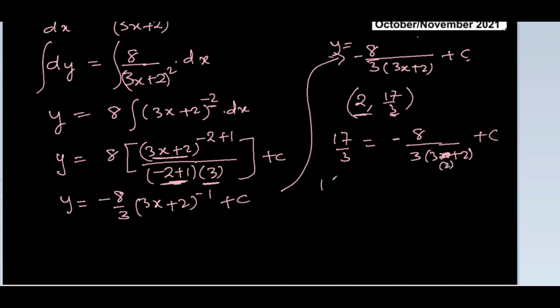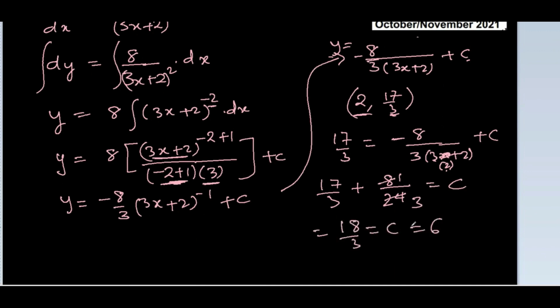So it becomes 17 over 3 plus 8 over, what is that? This minus became positive when it came to left. 3 times 2 is 6, 6 plus 2 is 8, times 3 is 24, equal to c, okay, and this can also be cancelled, 1 over 3. So it becomes 18 over 3 equal to c, and 18 over 3 is 6.